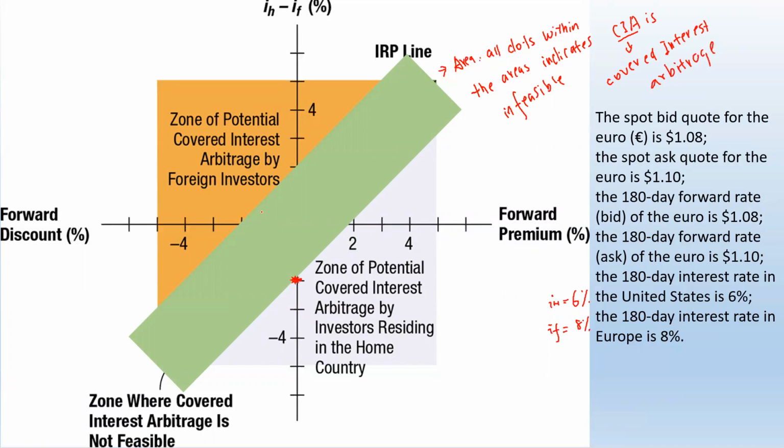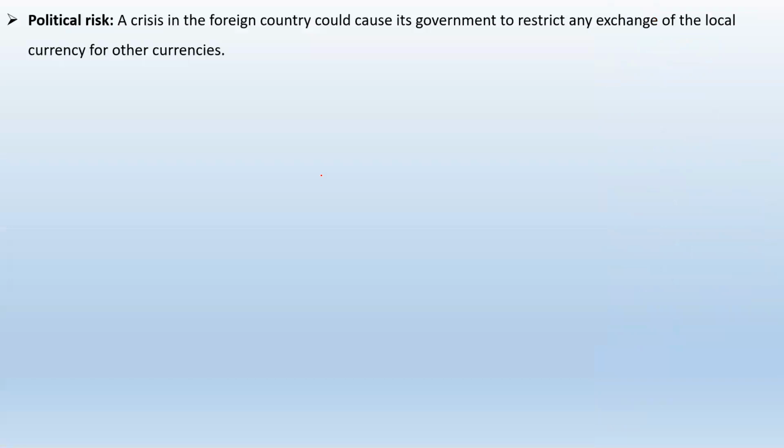So it's not a line, it's an area. If you find the forward premium or discount and the interest rate differential located in this area, it means it's infeasible.